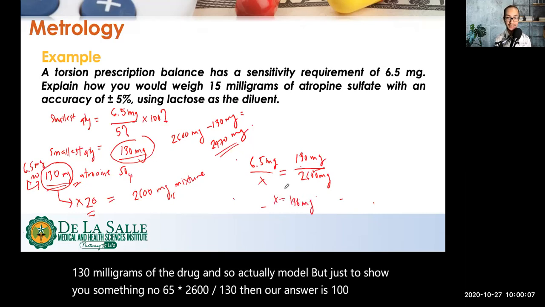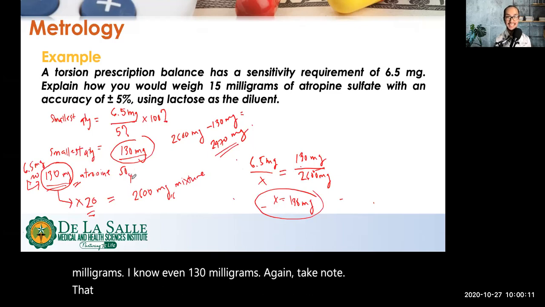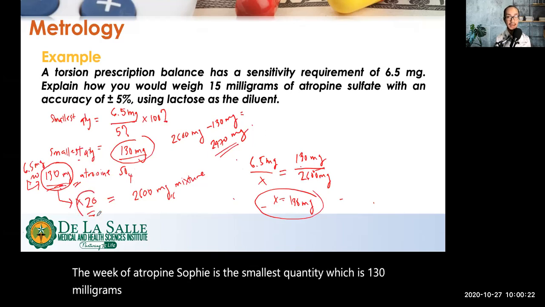Ano itong 130 milligrams? Again, take note that we have already set na the weight of atropine sulfate is the smallest quantity, which is 130 milligrams, okay? Now, we increase the amount of atropine sulfate by 20 times.